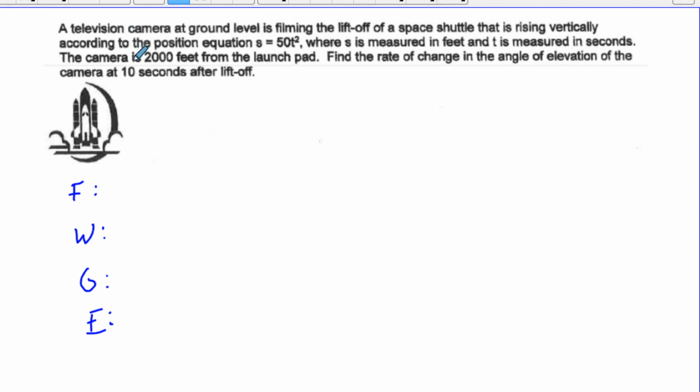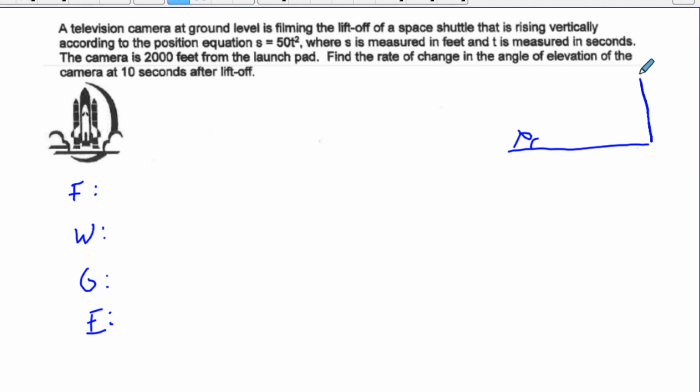Anyway, we have a television camera at ground level filming the liftoff of a rocket. So here's our camera, there's our camera lens, and the camera is filming this rocket takeoff like this.